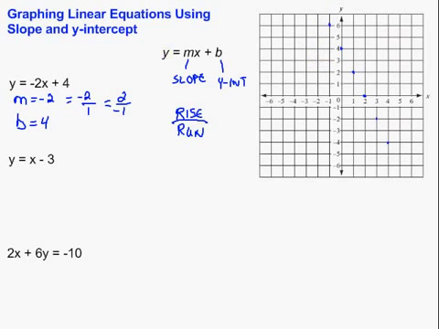Okay, so now I have those points and I can go ahead and draw my line. So I draw the line through those points, and that is the graph of y equals -2x plus 4.